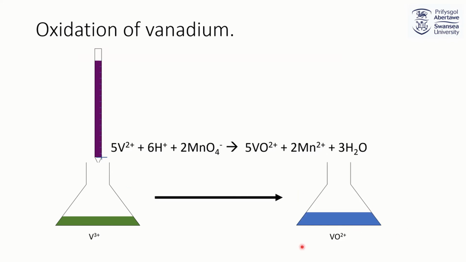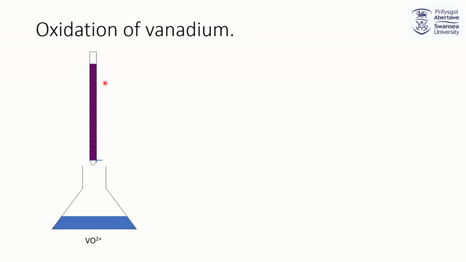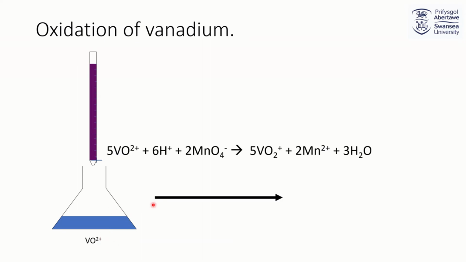And then this will reach the blue solution, and then the final titration of permanganate into the vanadium oxide blue solution again has the same stoichiometry as previous, as it is going from vanadium oxide to the vanadium dioxide, which will be the yellow solution.